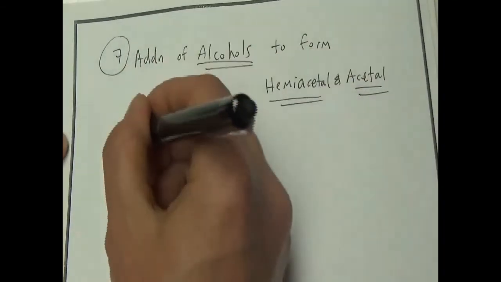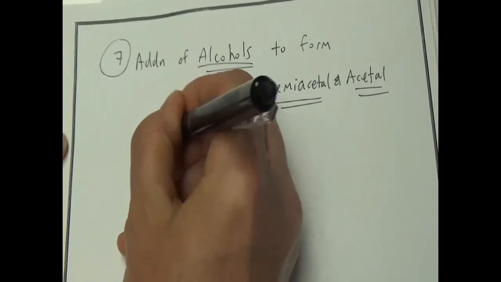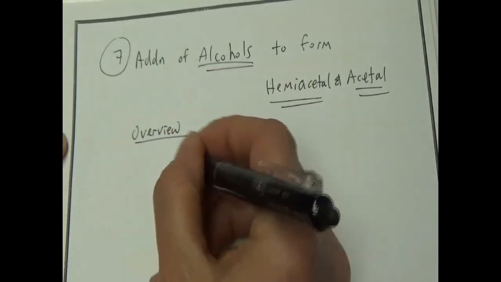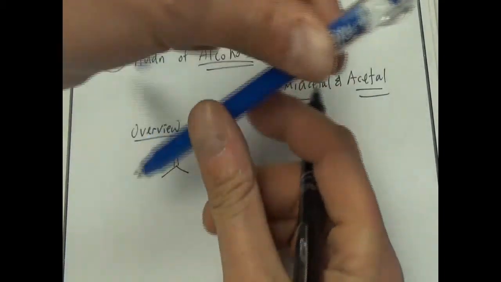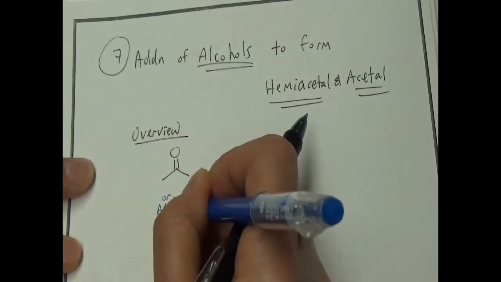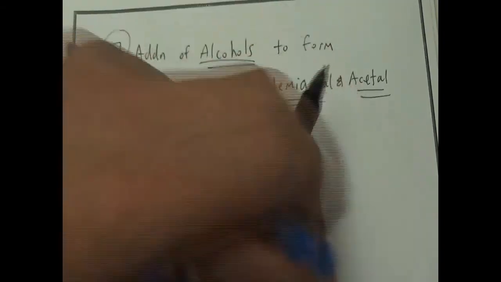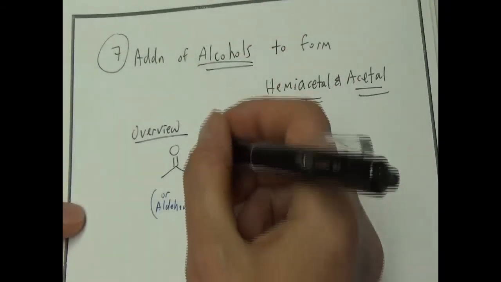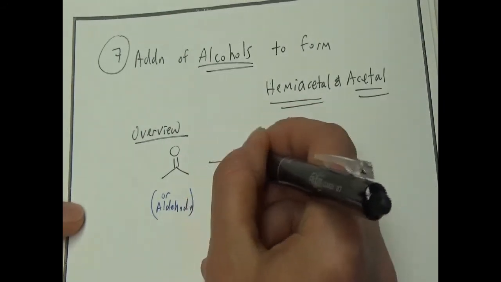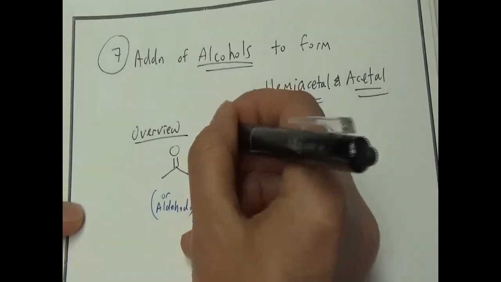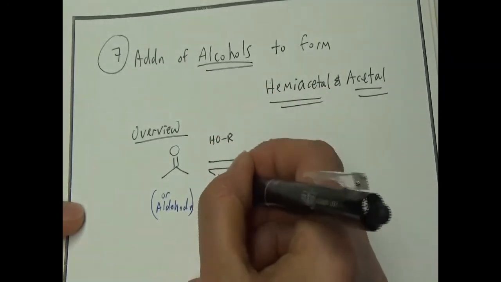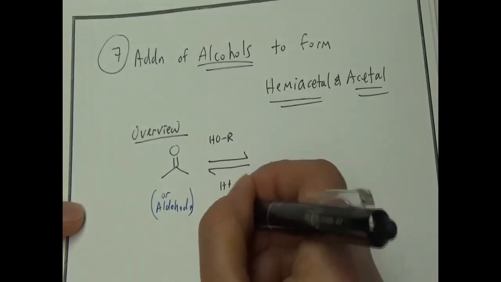I'll show a quick overview of what we're talking about. If we have a ketone or an aldehyde, let's react it with an alcohol, HOR, and we can react this with either acid or base catalysis.